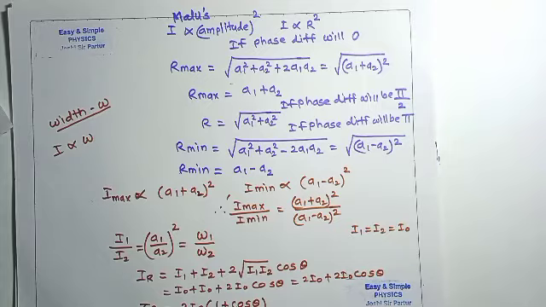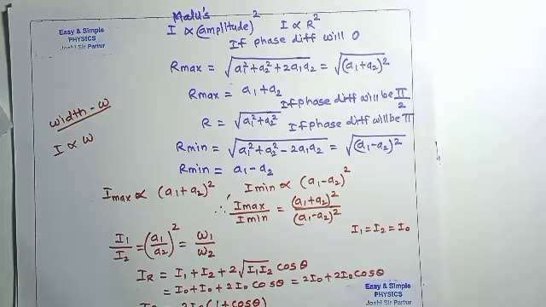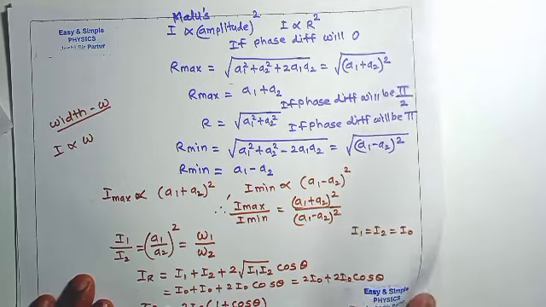If theta is 90, cos 90 is 0, it is 1 plus 0, that will be 2 times I0. And if theta is pi, cos pi is minus 1, 1 minus 1 is 0, so the resultant intensity will be minimum. Using these formulas, we can solve some examples.